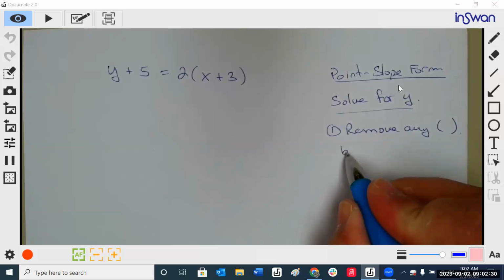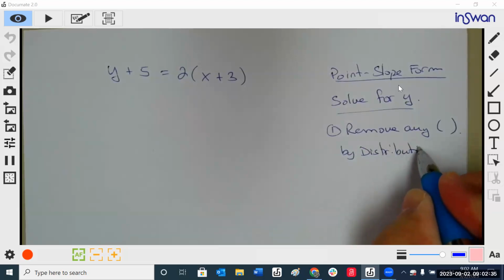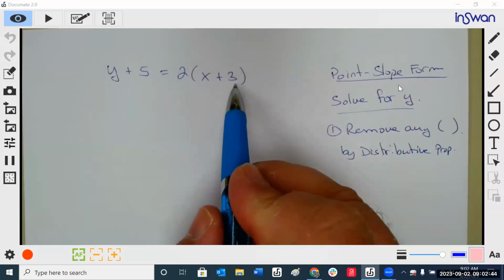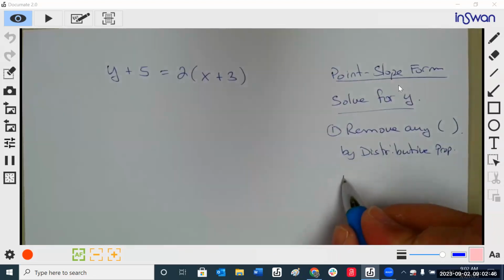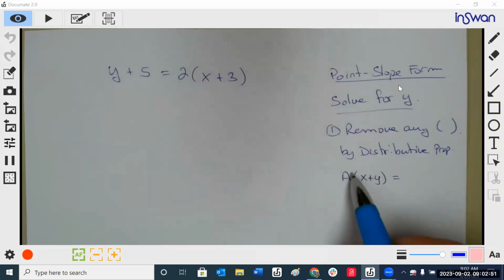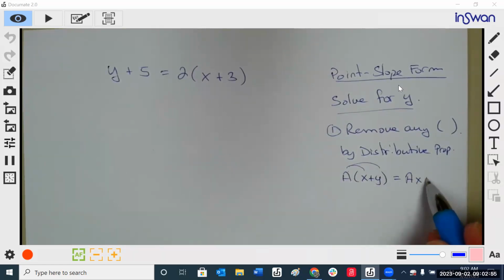By distributing, by the distributive property. The distributive property is this: the coefficient in front, you multiply it to everybody inside. So a times x, a times y. It got rid of the parentheses.